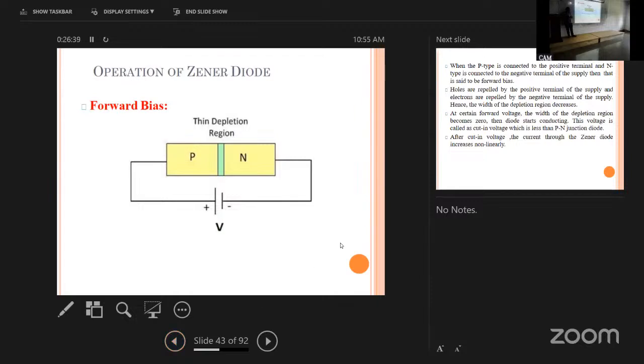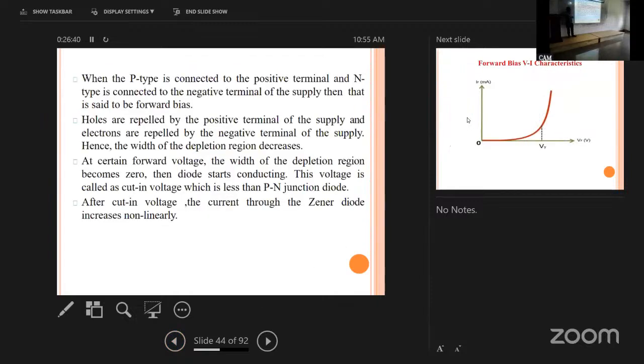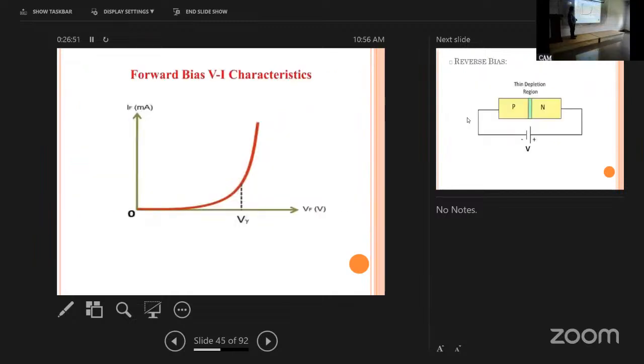Next. Forward bias of the PN junction diode is equal to the forward bias of the Zener diode. Whatever curve we obtain in the PN junction forward bias characteristics, we will get the same curve in the forward bias of the Zener diode.